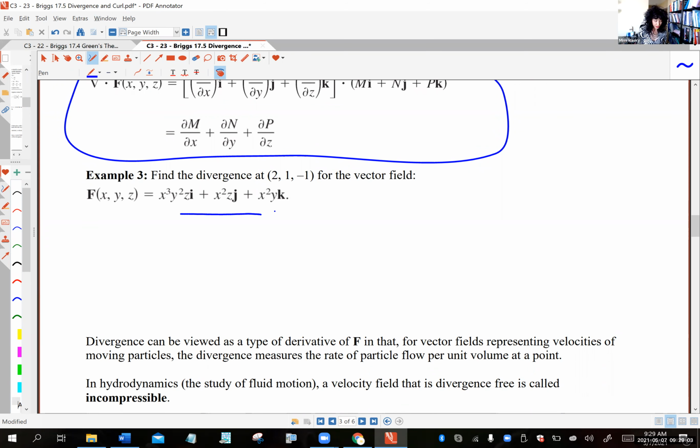You're just going to go divergence of F is dM/dx plus dN/dy plus dP/dz. Just get it, okay? You don't have to even do the dot product. Just get it. So what is the derivative of M? Here's M right here, with respect to x.